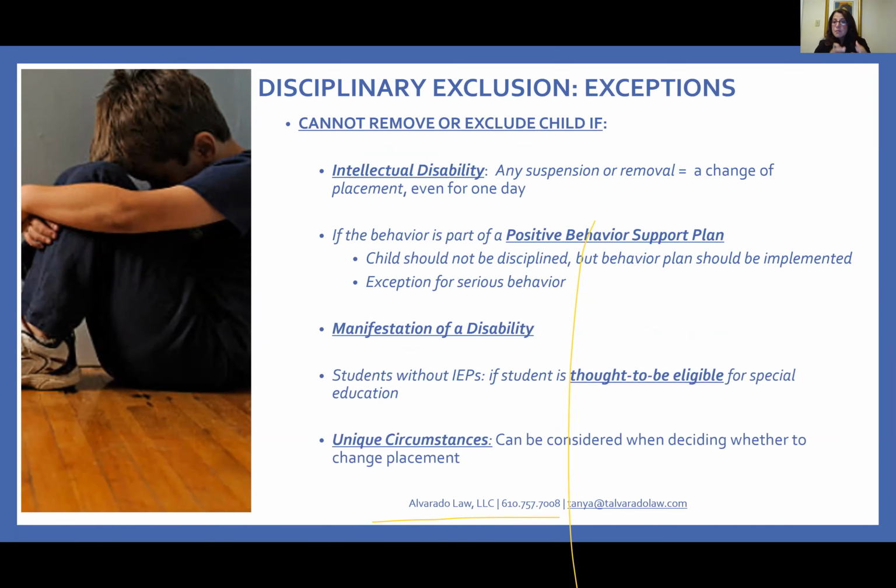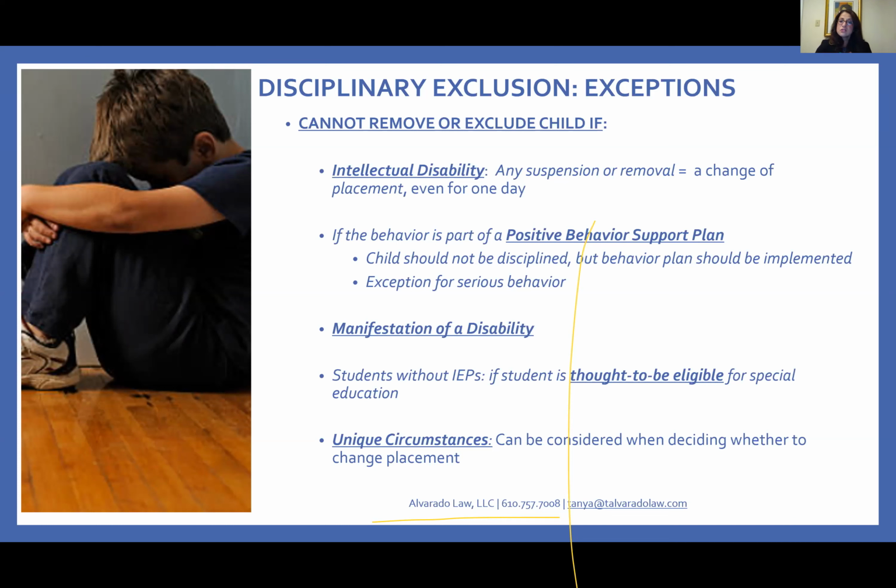When are you keeping them away from education so much that you've actually changed the child's placement from their school setting to something else? When is this change in placement actually taking effect? If you have a child with an intellectual disability, it's the first day. If that child is being suspended, that's a change of placement.